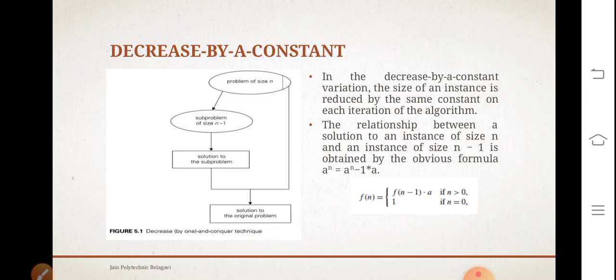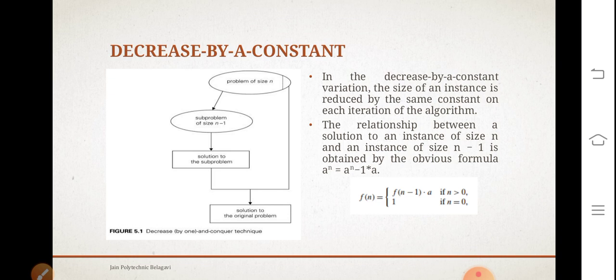So decrease by constant. In the decrease by constant variation, the size of an instance is reduced by the same constant on each iteration of the algorithm. Typically, this constant is equal to 1, although other constant size reductions do happen occasionally. Here, I'm going to brief you about this with the help of this diagram.